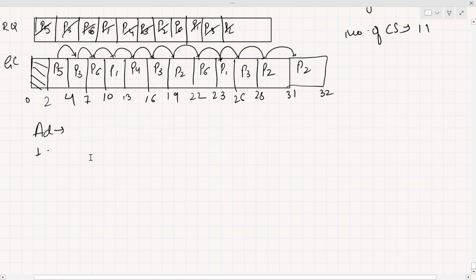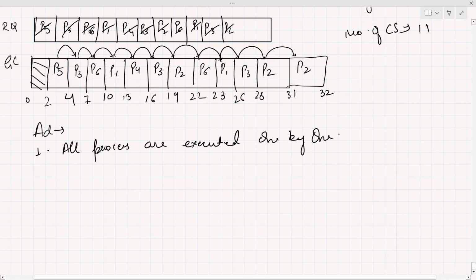So this is one advantage, that all processes are executed one by one. So no starvation is there. What is the next thing?